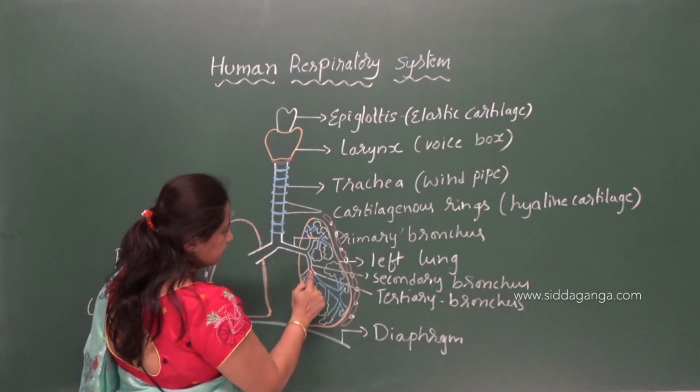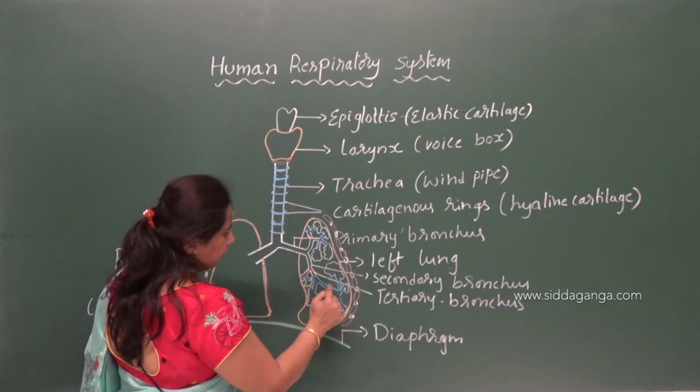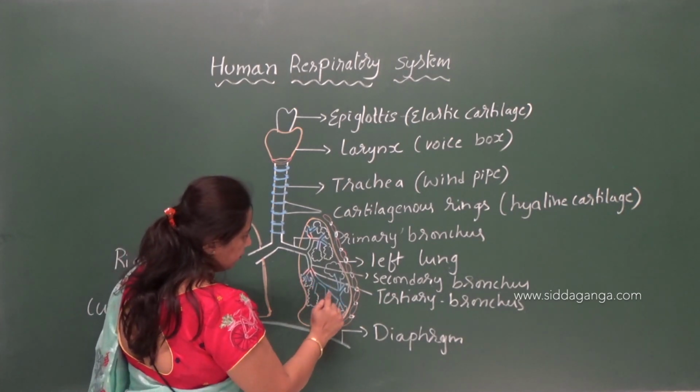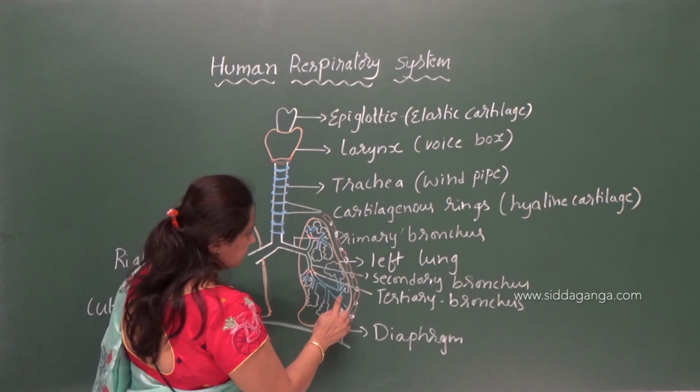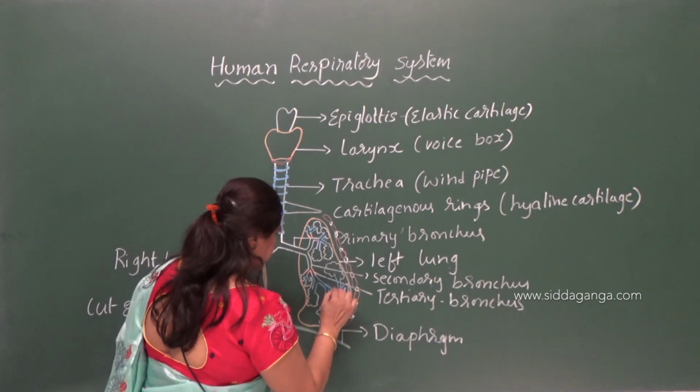The secondary bronchi in turn divide to form tertiary bronchi, and the tertiary bronchi divide repeatedly into a number of small tubes. They are called the bronchioles.